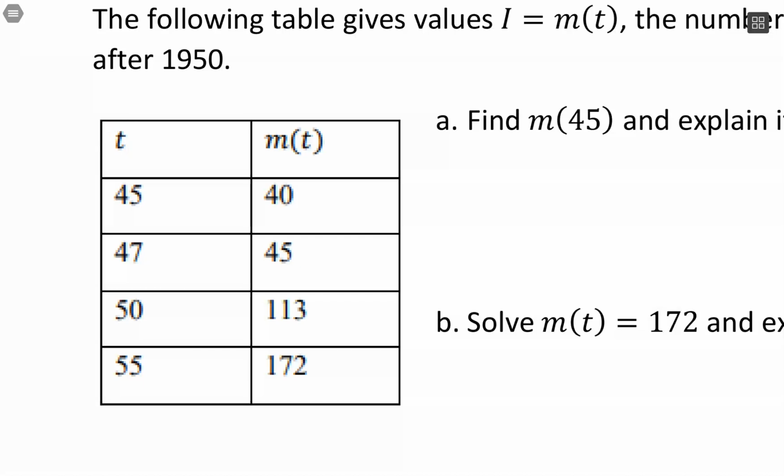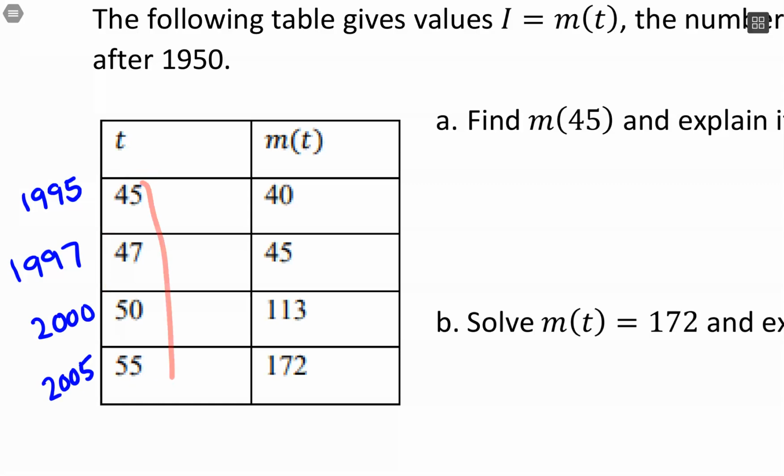So 0 would represent 1950, so having t equals 45 would be 1950 plus 45. So there's 1995, here's 1997, 2000, 2005. Even though algebraically we would work with these values of t, and having those small numbers can make the calculations a lot easier, in terms of interpretation it can help to make a note of this so you know which years you're working with.